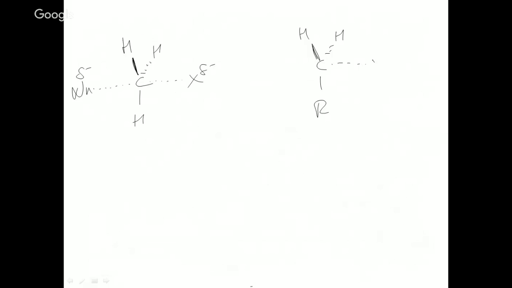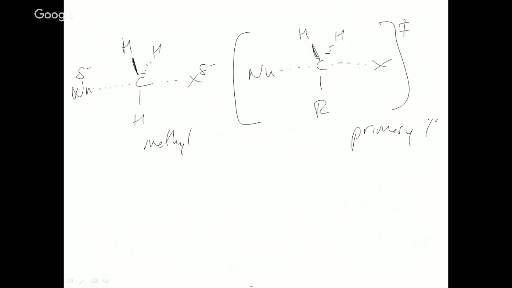As you add more R groups, you make that more and more hindered. So methyl halide and primary definitely undergo SN2. Secondary gets more sterically hindered. Tertiary is just too sterically hindered. And again, we'll keep talking about secondaries and stuff later, all right?